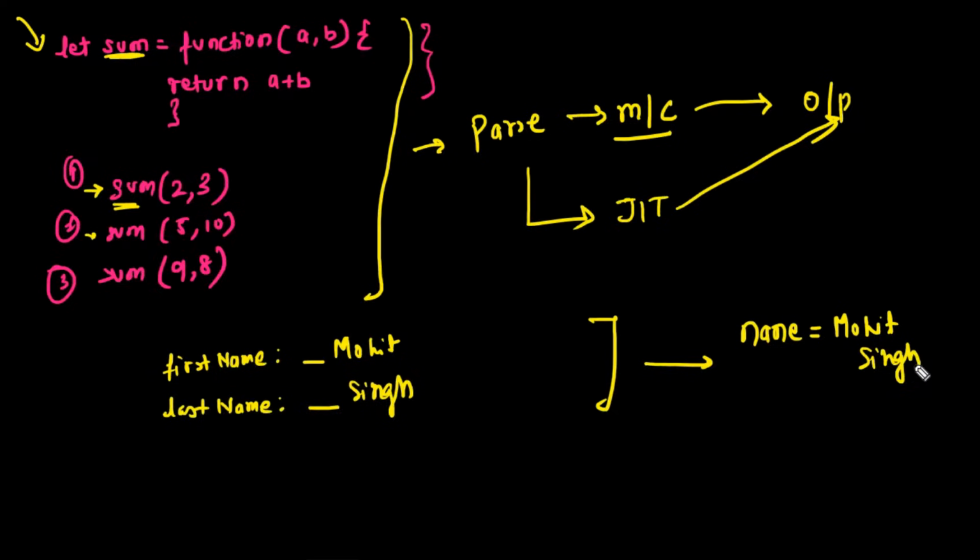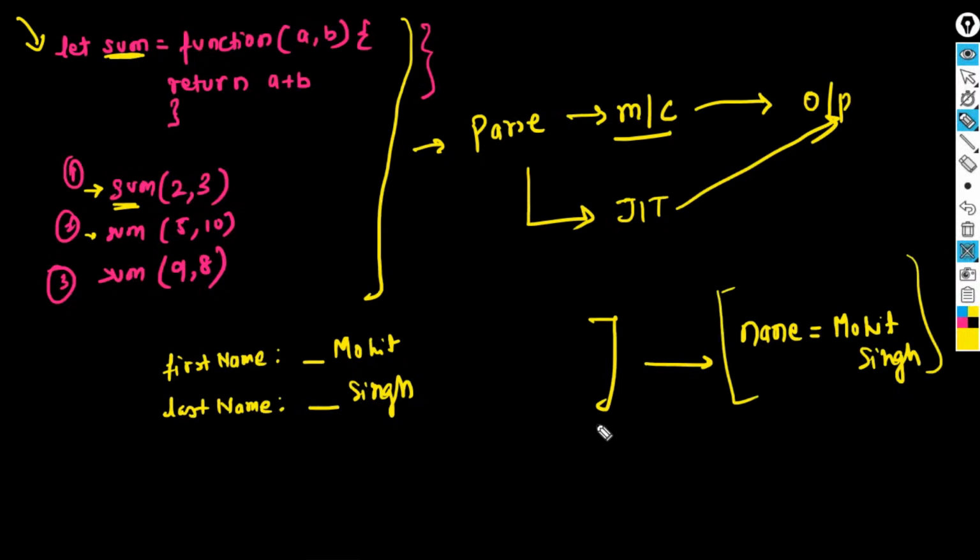So it has to seem like this. So instead of writing A and B over here, we can run the same function for this, and write first name plus last name, and it will give you Mohit Singh.